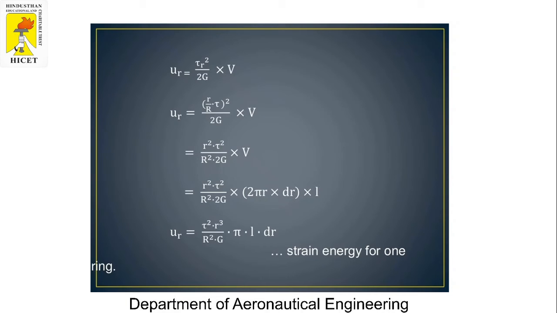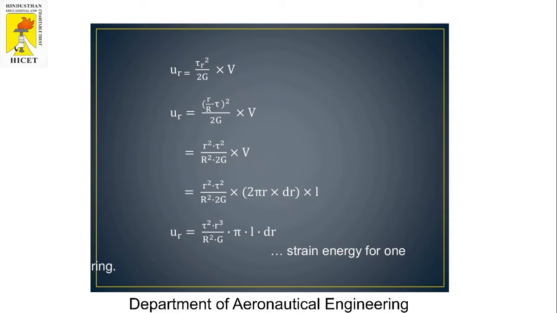So UR is equal to small r divided by capital R into tau, that whole square, divided by 2G into volume. By rearranging this equation, we get r square tau square divided by capital R square 2G into volume.